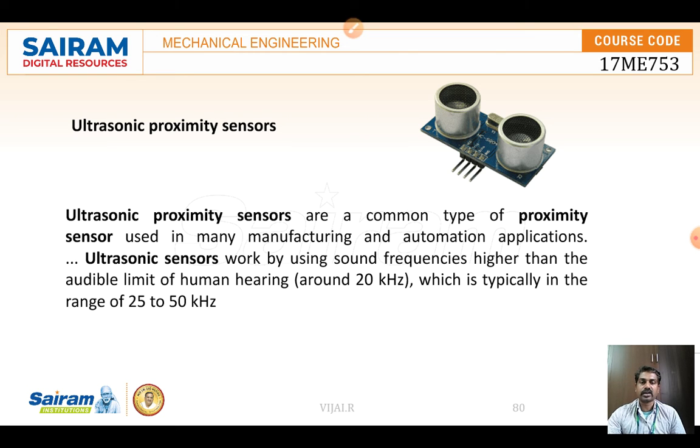You can see a speaker-like structure: one transmits the waves, another receives them. Ultrasonic waves are beyond the frequency of human hearing, which we are unable to hear. The bat uses ultrasonic waves for flying.